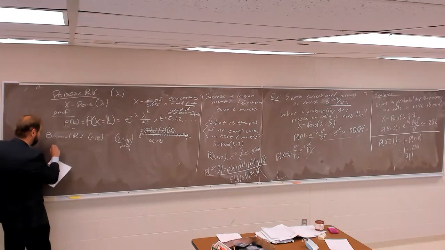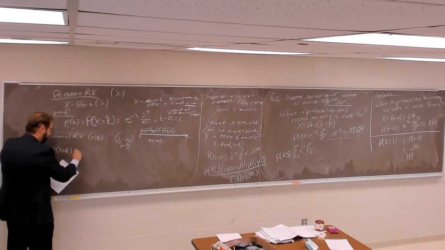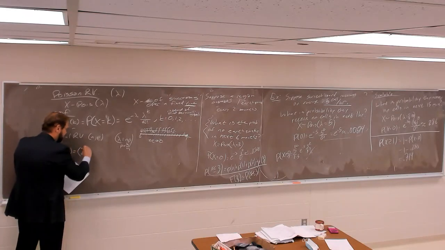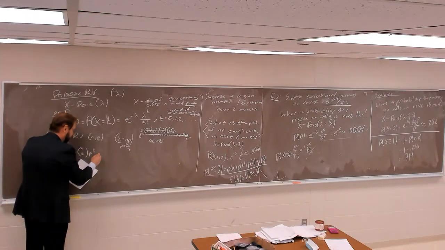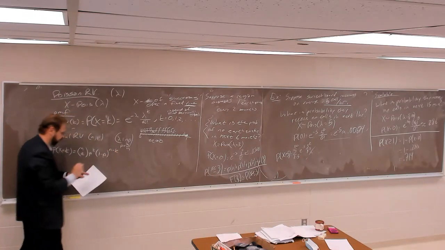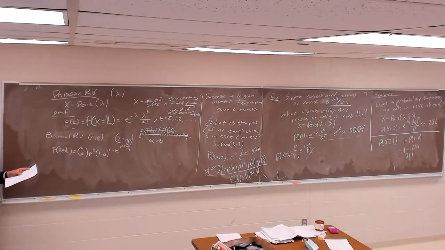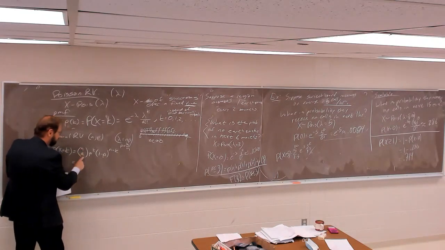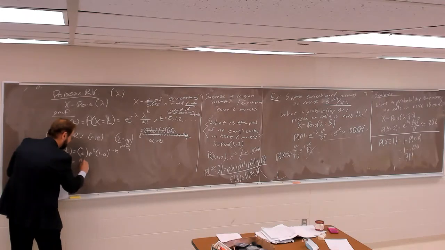And so my binomial random variable would look like this. The probability X equals k is n choose k, p to the k, 1 minus p to the n minus k. And now I'll just go through this calculation. So n choose k would be n factorial over k factorial, n minus k factorial.